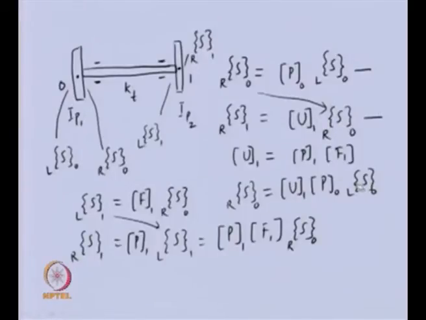You can see that this matrix, which is the multiplication of 3 matrices, we will call the overall transfer matrix. The form of the T matrix is T equals U1 P0, that is P1 F1 P0. This is the overall transfer matrix.